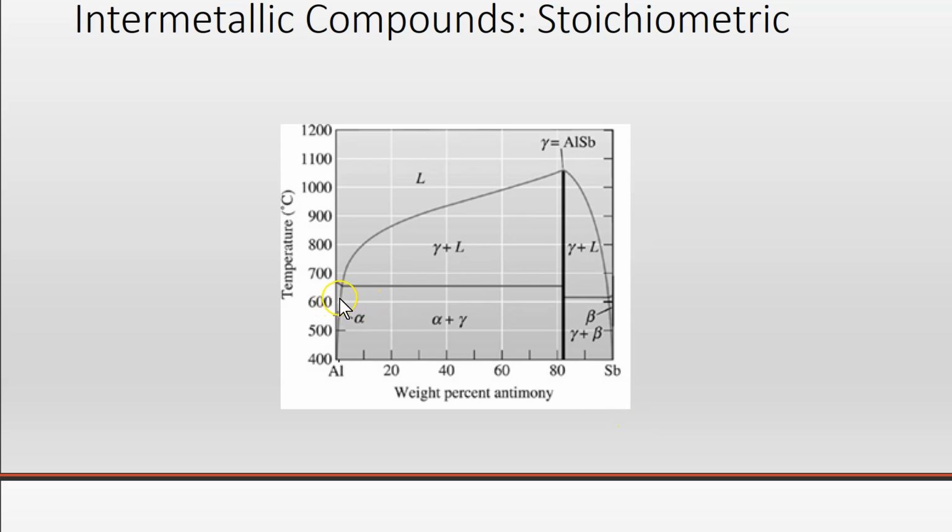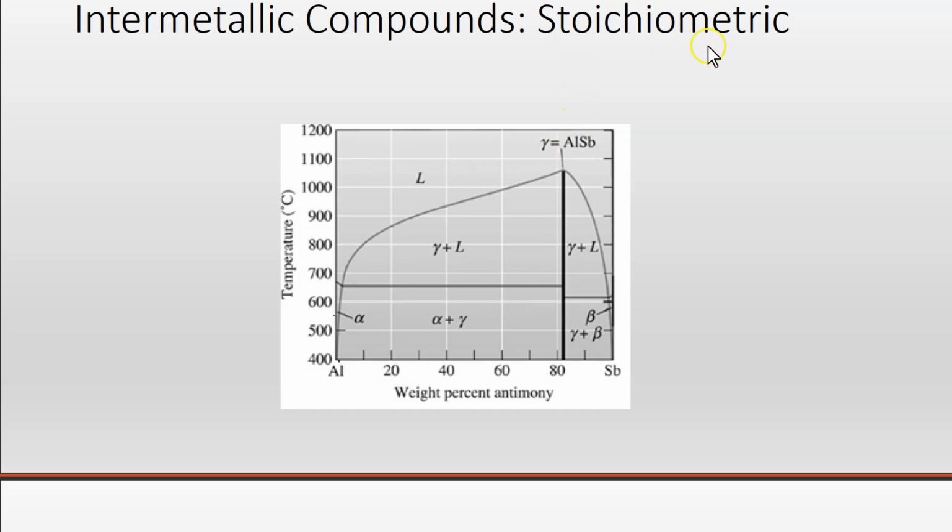So we've got the terminal solid solutions, but we also see there's another phase, gamma. This gamma is the compound aluminum antimony, and you see it exists over a very tiny range of weight percent, and the atom ratios of the aluminum and antimony are fixed. And this is an intermetallic compound.